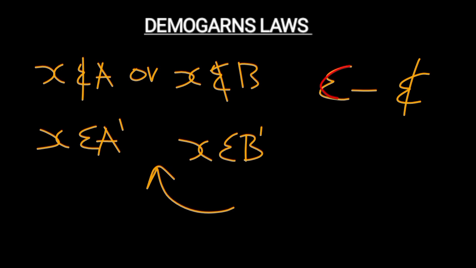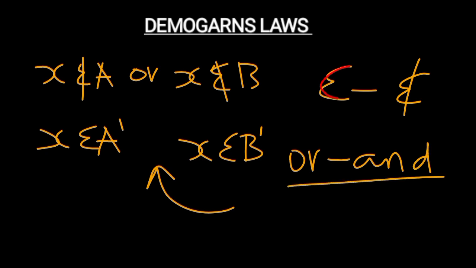So we're going to change the word from or to and. So there we're going to put and. So X is a member of A complement and X is a member of B complement. So if X is a member of A complement and the same X is a member of B complement.